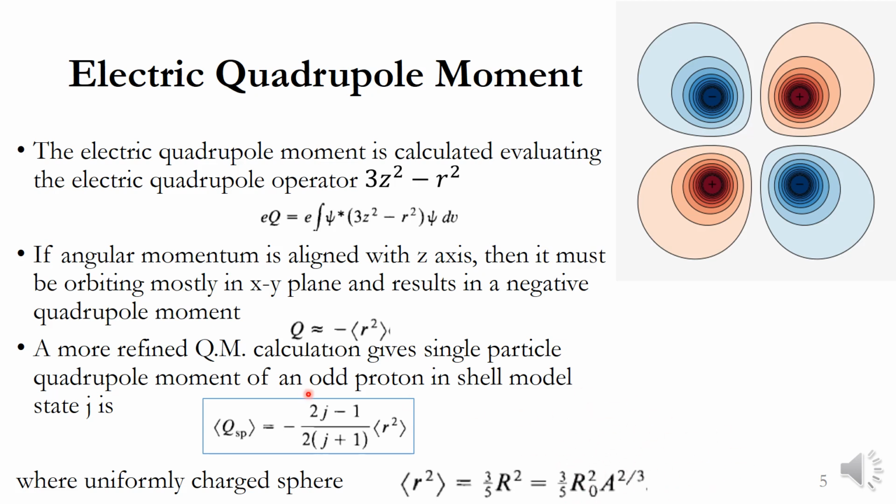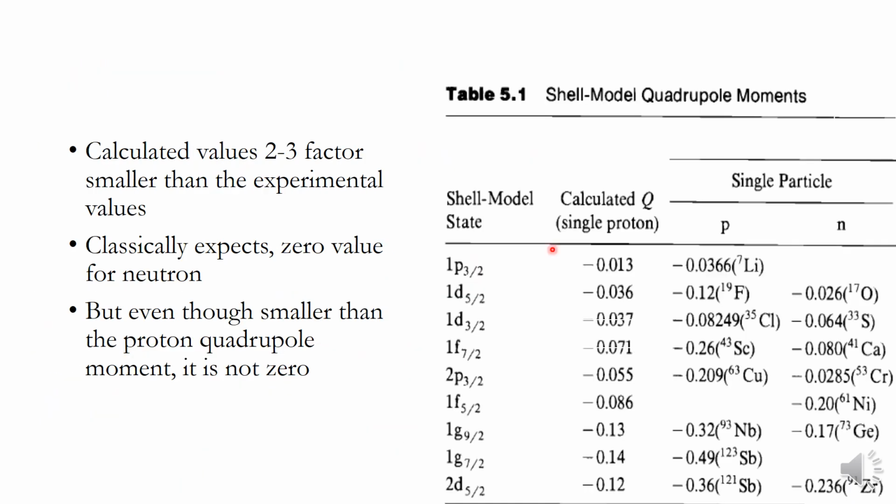Okay, so in short, we can calculate by the approximate calculation. We can calculate the electric quadrupole moment using this one, and a more refined value using this one. So these are the predicted values and experimental values for different shell states.